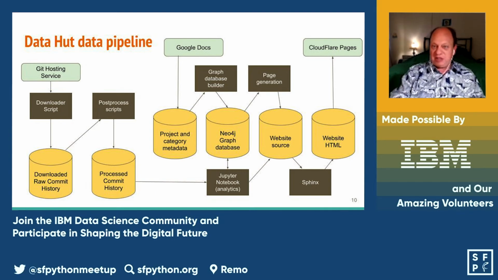And in parallel, we do all of our hand curation in Google Docs, mostly in spreadsheets. Then we can download the CSV and check it into Git. From there, we do processing, and we build this graph database and combine it with the analytics. Then we have some scripts for page generation to give us our website source, which is reStructuredText and images. And then Sphinx will combine everything together.